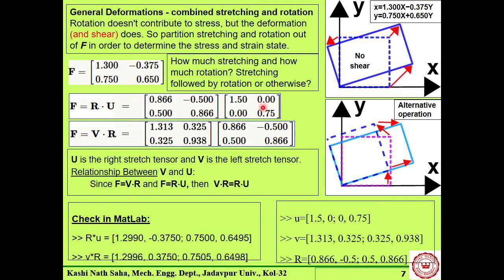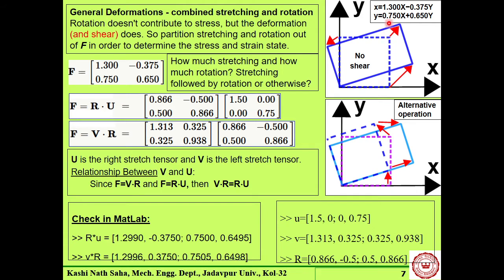You take this example. Say I have an initial body like this. It is a 2D body. Understand that this initial body has 4 corner points: 0 0, this is 1 1, this is 1 0, this is 0 1. And this blue rectangle indicates the deformed configuration.